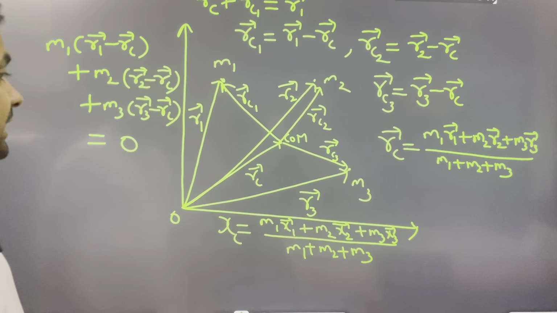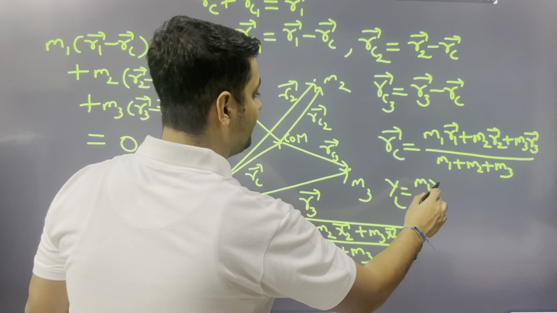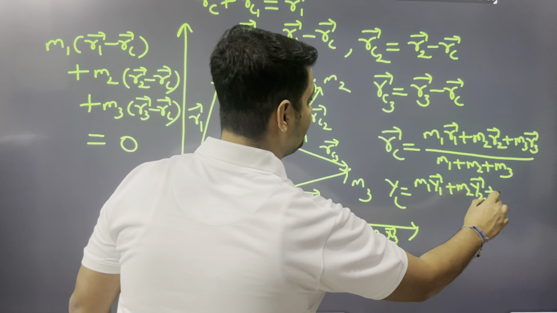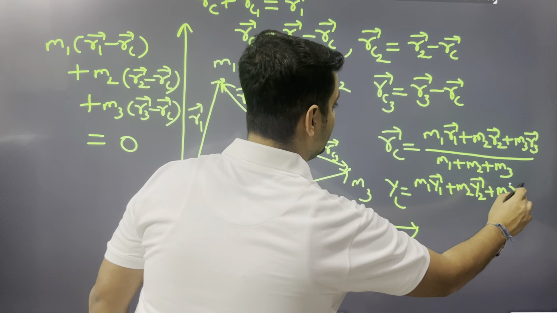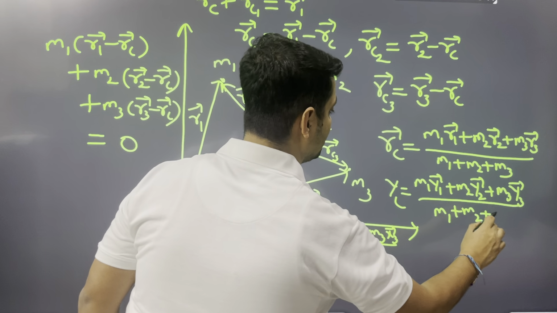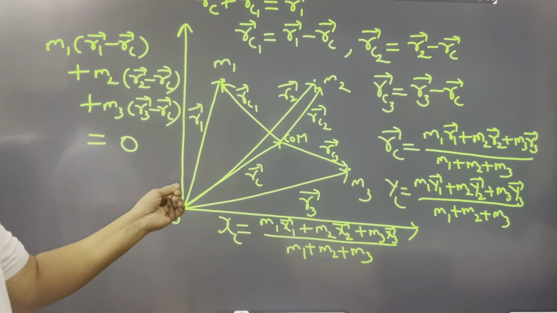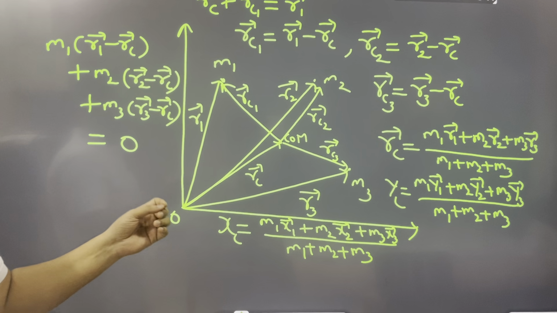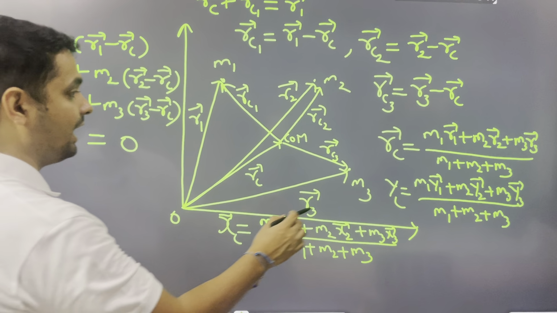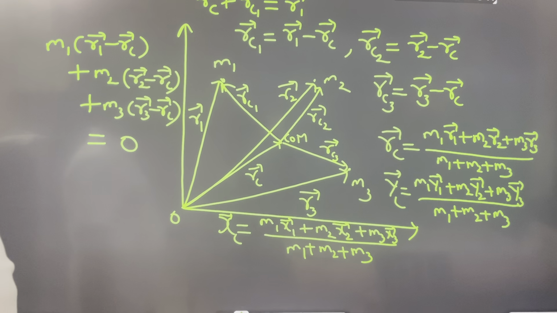Same way, the YC vector will be M1 Y1 vector plus M2 Y2 vector plus M3 Y3 vector, divided by M1 plus M2 plus M3. In this way we can find the center of mass position vectors for different particle systems. So we have found the XC vector, YC vector and RC vector. We will see one problem based on this concept.